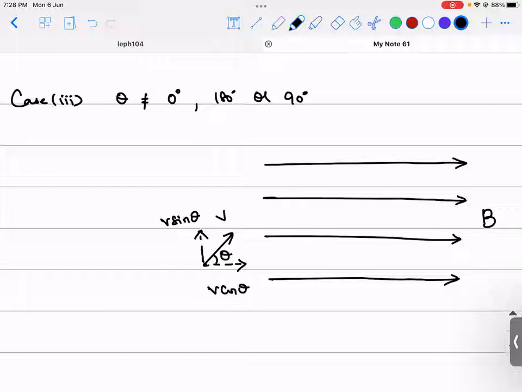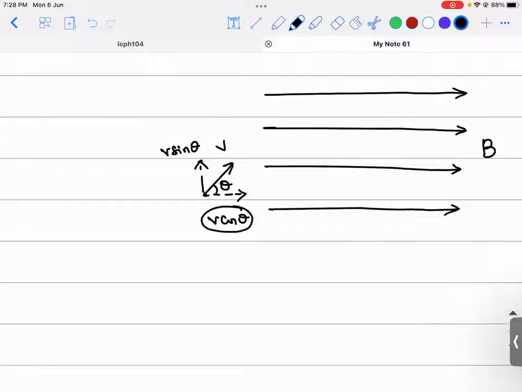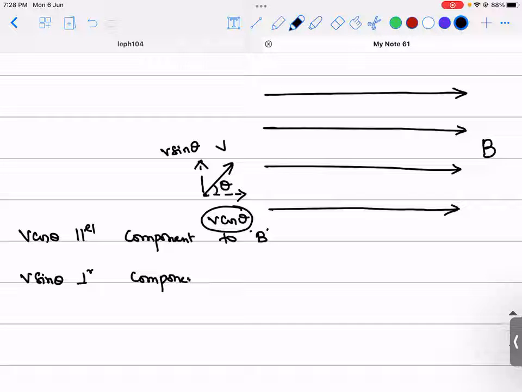Now this V cos theta is a parallel component. V sin theta is a perpendicular component.